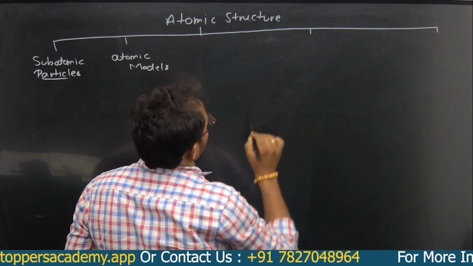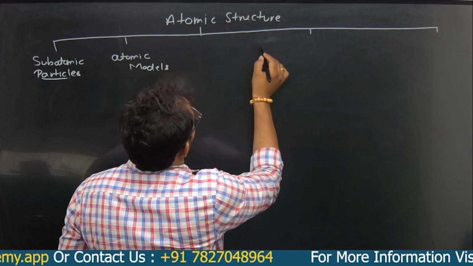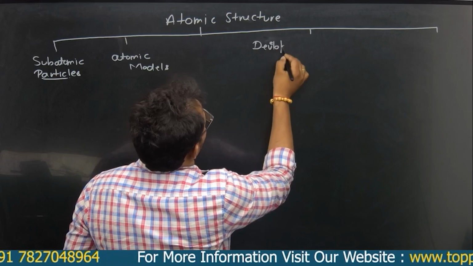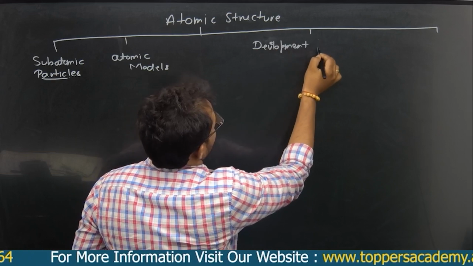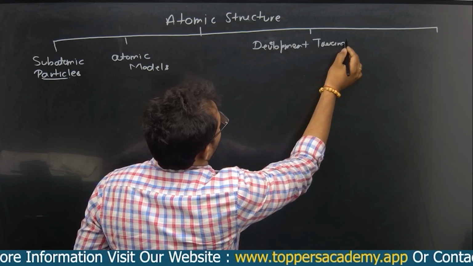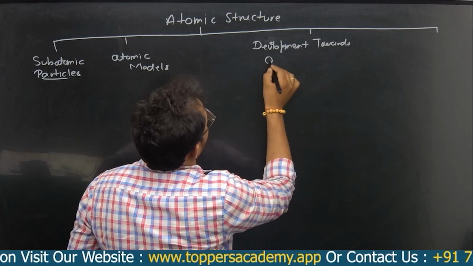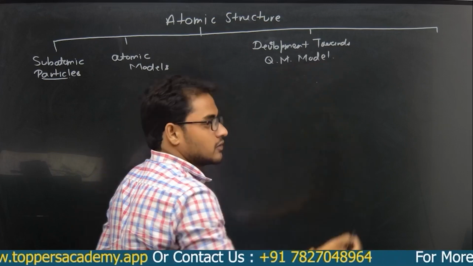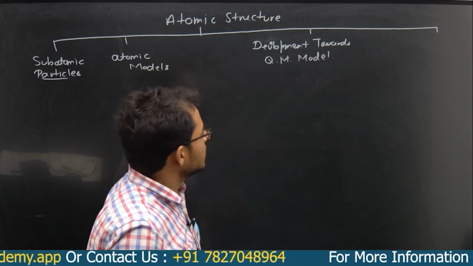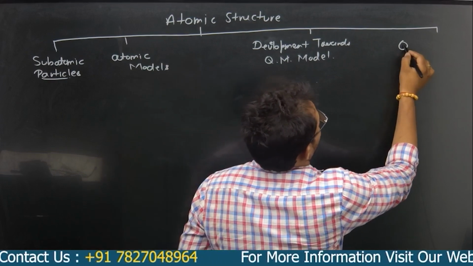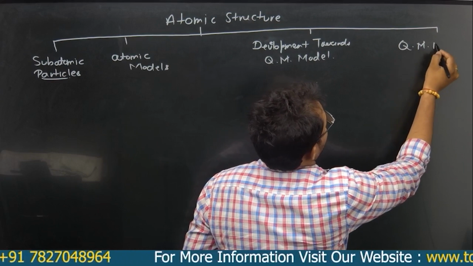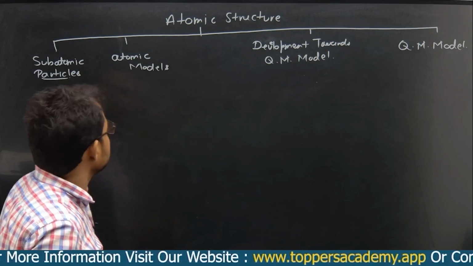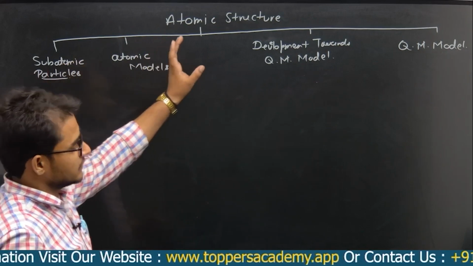In the third part, I am going to discuss the development towards the quantum mechanical model, and in the last part I will discuss the quantum mechanical model. So I'm going to start the first part of this chapter, atomic structure.